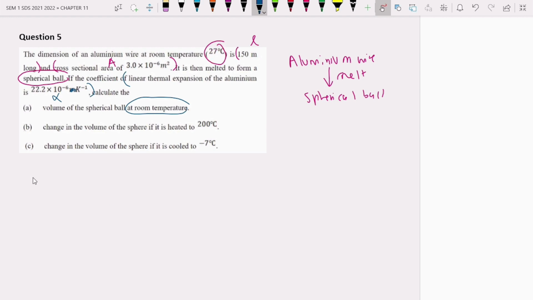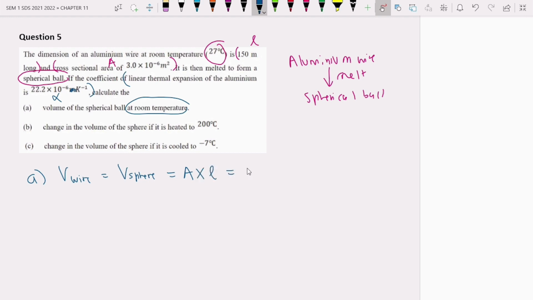One thing that you need to know, the volume of the aluminium wire is the same as the volume of the spherical ball. I put the spherical ball as sphere. Why? Because the aluminium wire is melted to a spherical ball, so they will have the same volume. We know the formula for volume can be area times length.